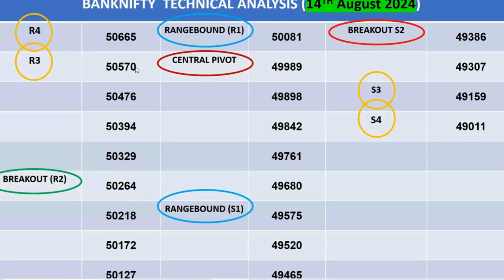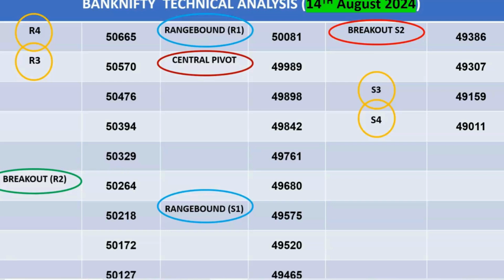at 50570 and 50665. So what I recommend is that today itself, after seeing the video, you draw these 9 lines on your chart. This will be helpful for you. This will guide you throughout your trading session.